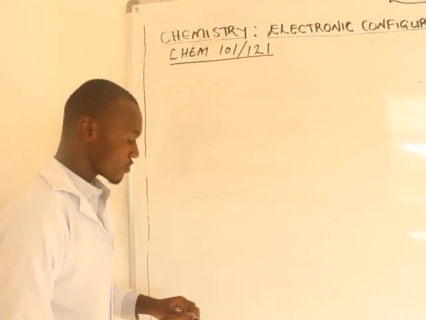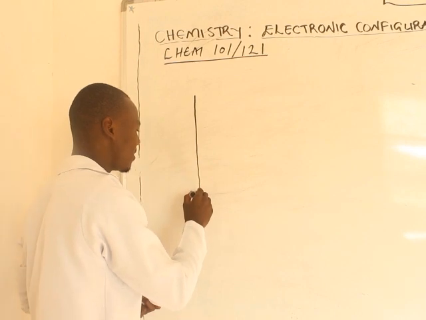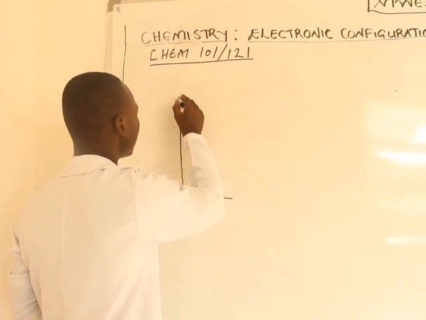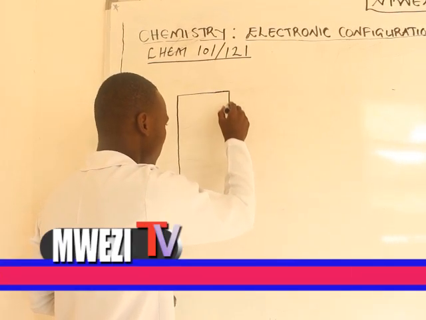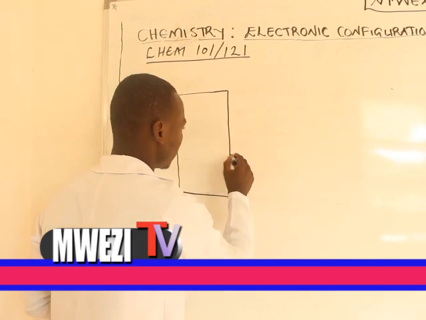What I'm about to draw here is a model of the periodic table. It's not a real periodic table, but a model of it. It exists in this form.